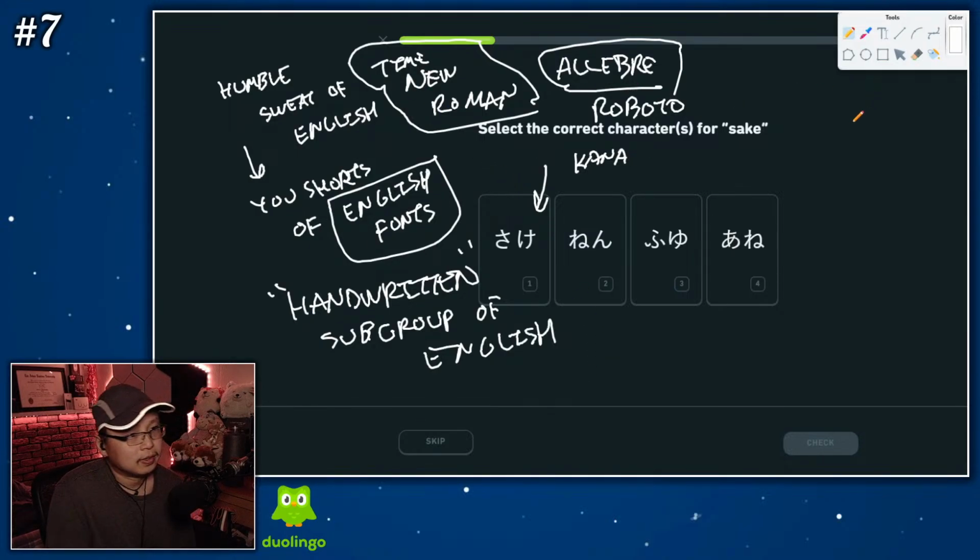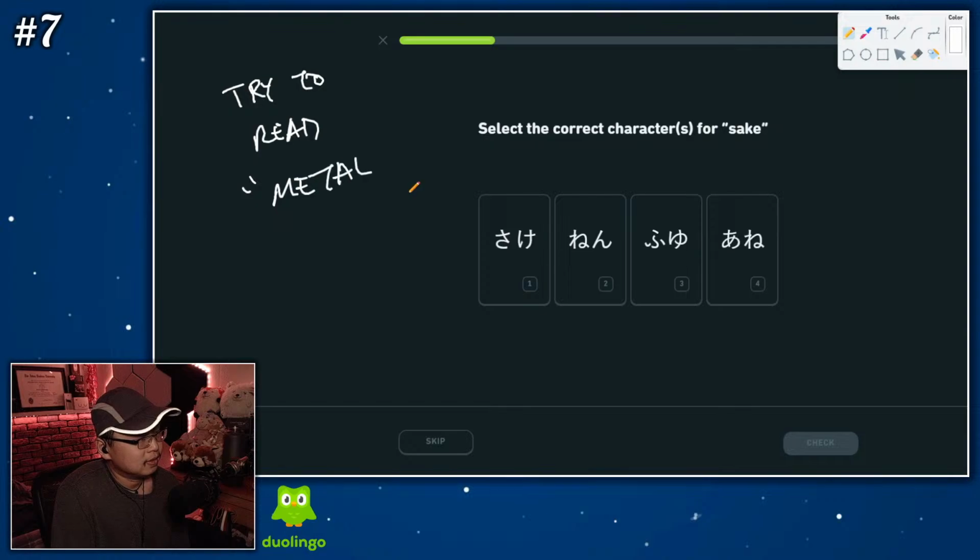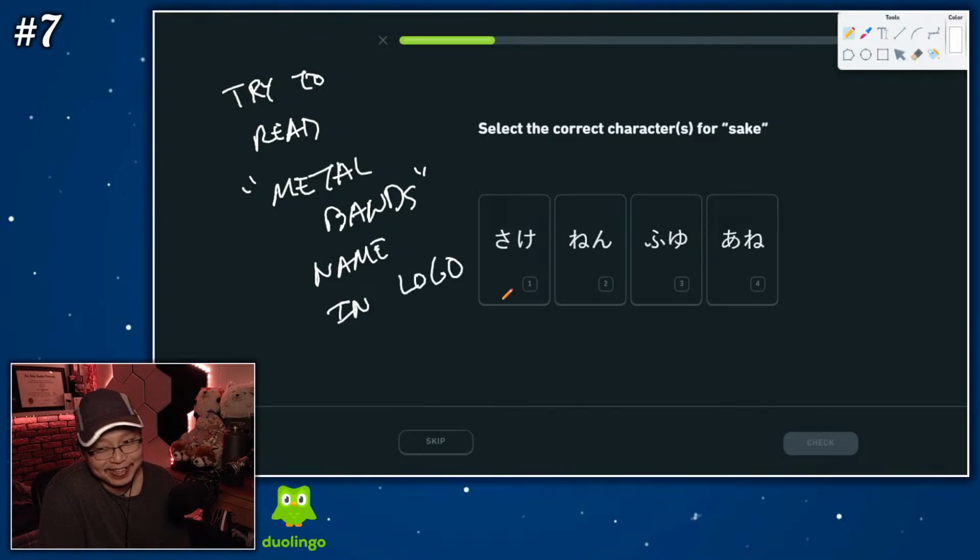Here's also a really fun little challenge. Try to read a metal band's name in their logo. Because I can tell you, I have the hardest time finding the name in their logos.